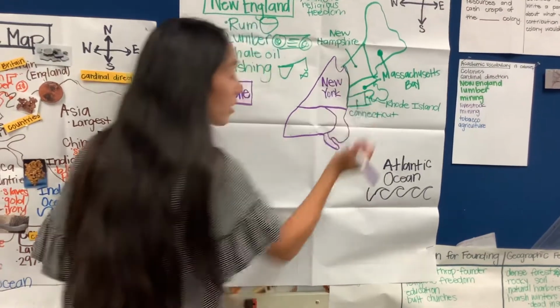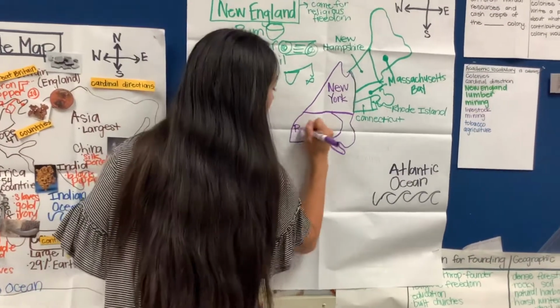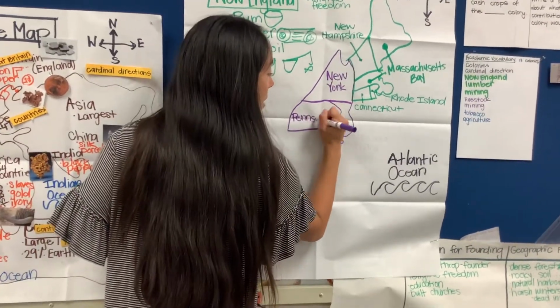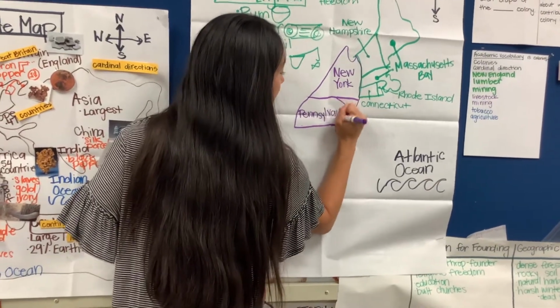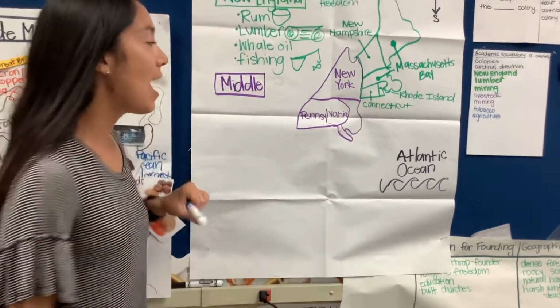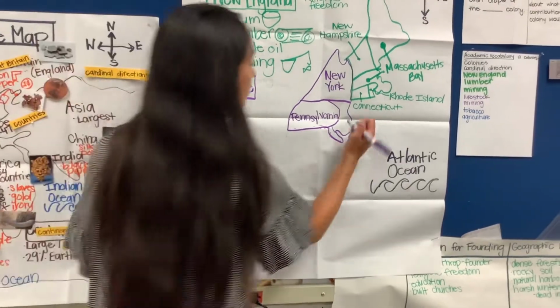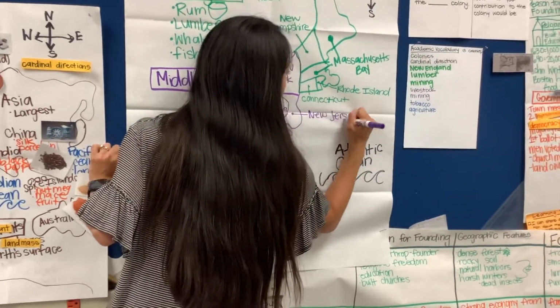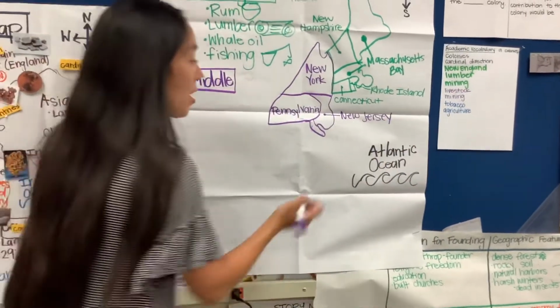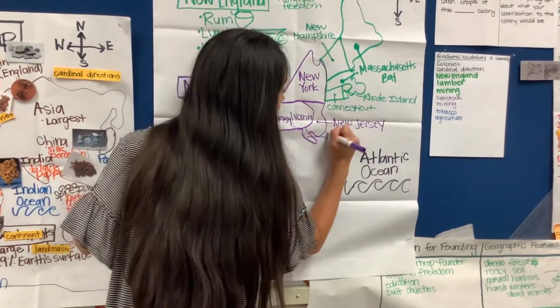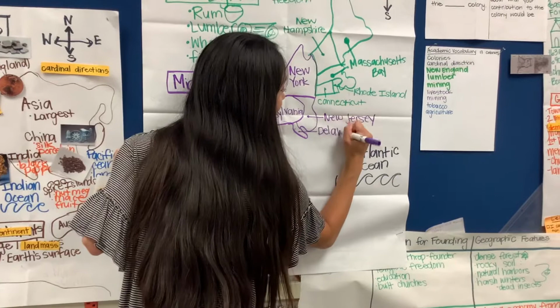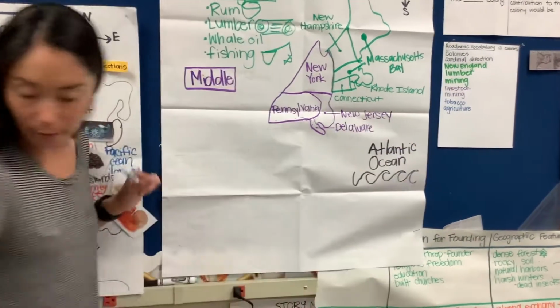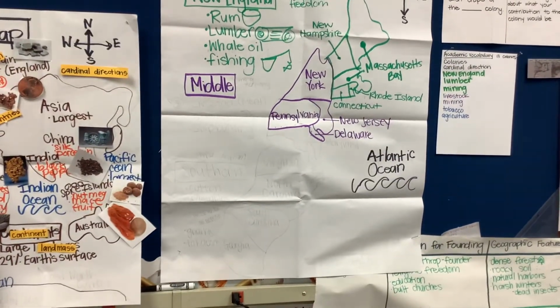Say New York. They also had Pennsylvania. Say that with me. Pennsylvania. In addition, they had New Jersey. Say that with me. New Jersey. And they also had Delaware. Say that with me. Delaware.